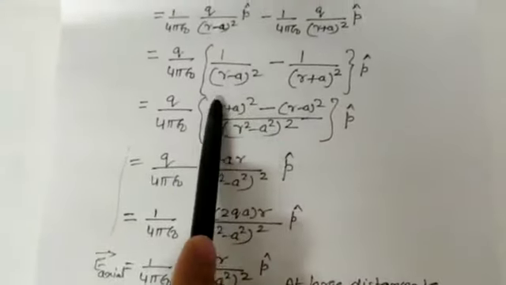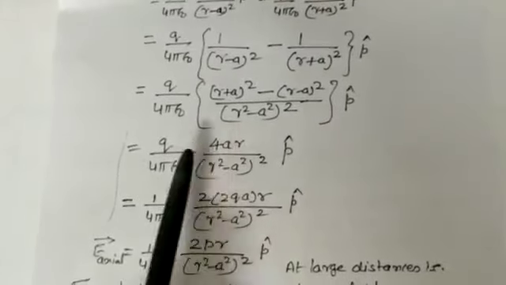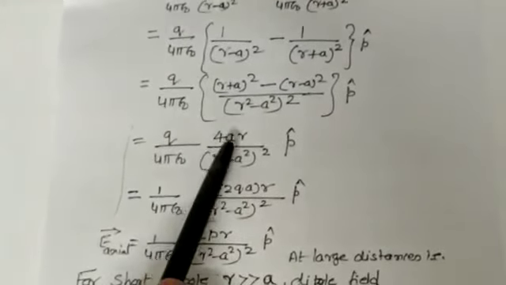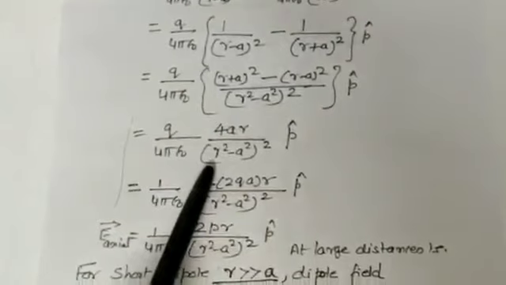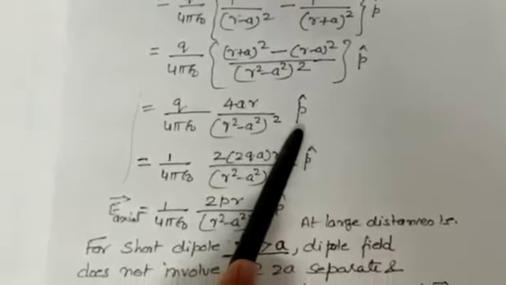Now solve this numerator part. You will get the value as 4ar, and it will become q by 4 pi epsilon naught 4ar by (r square minus a square) whole square p unit vector.